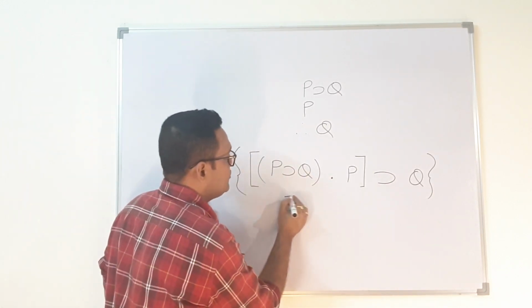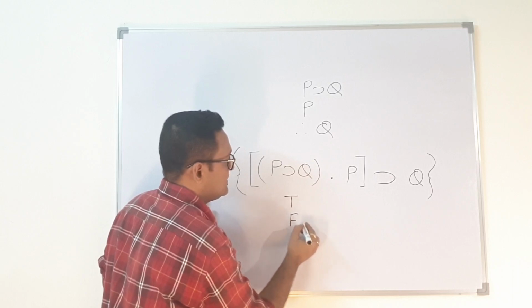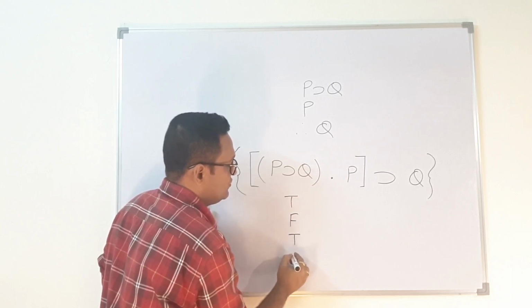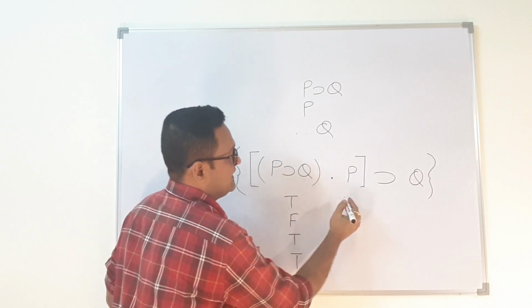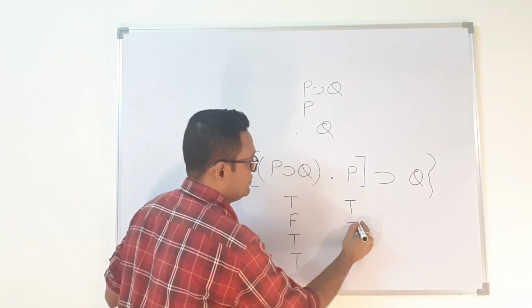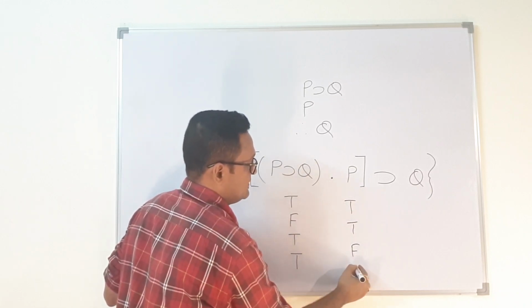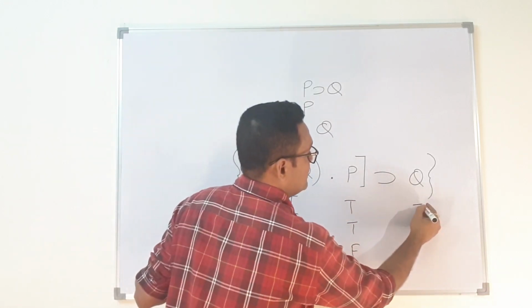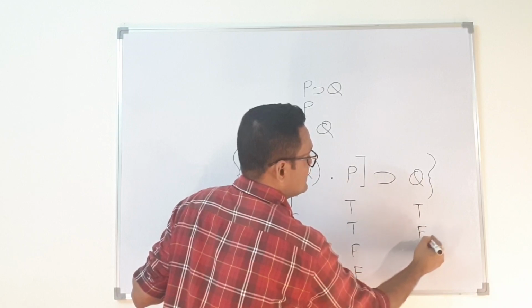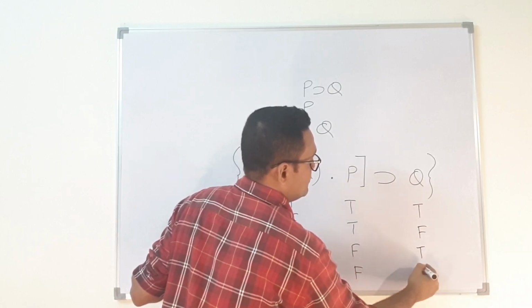You know the truth table of P implies Q: true, false, true, true. The truth table of P is true, true, false, false. Here, Q is true, false, true, false.